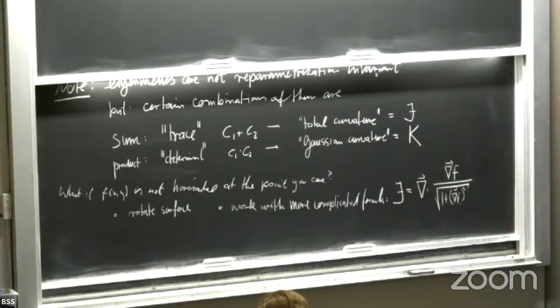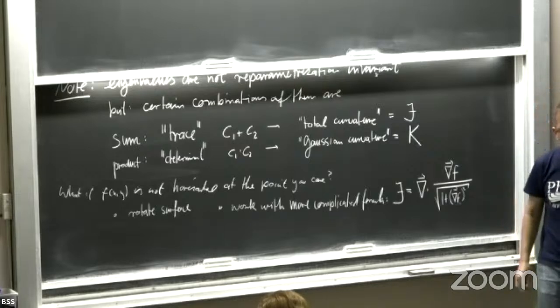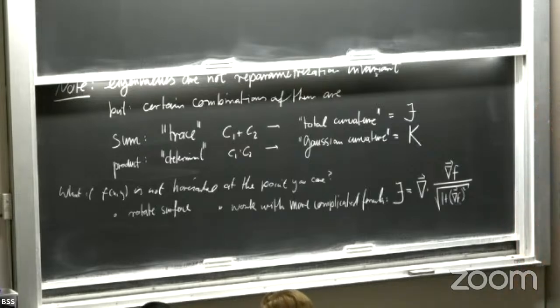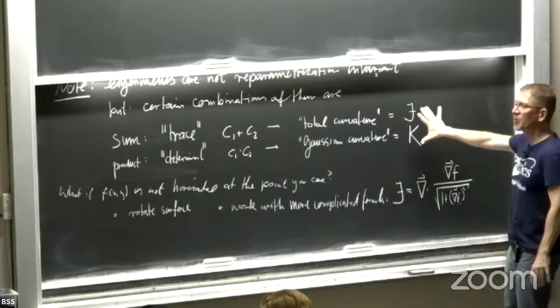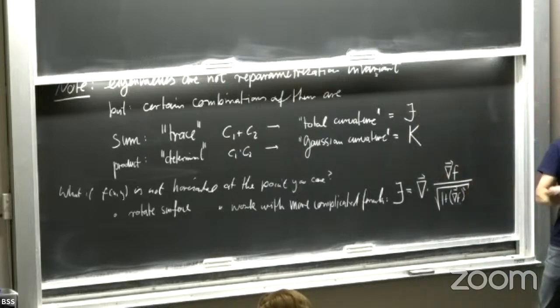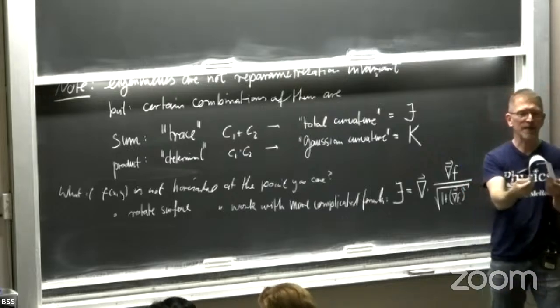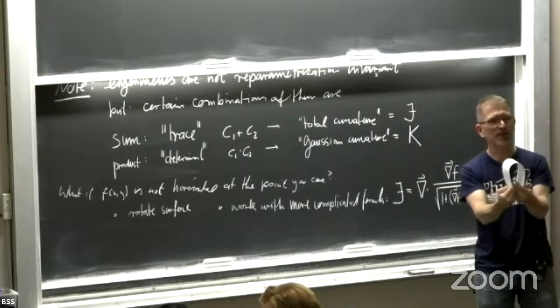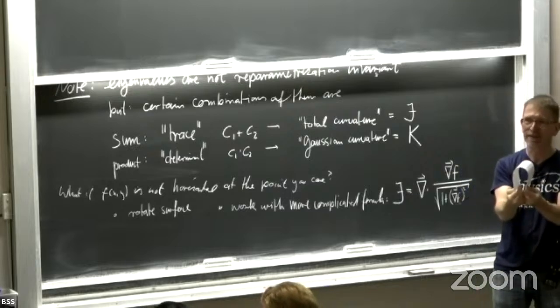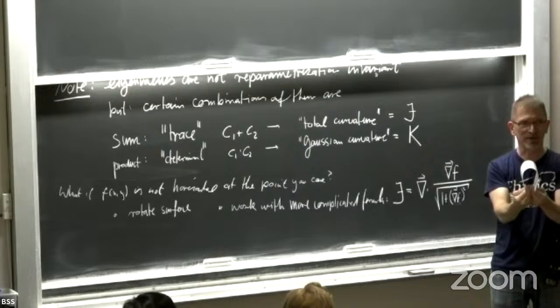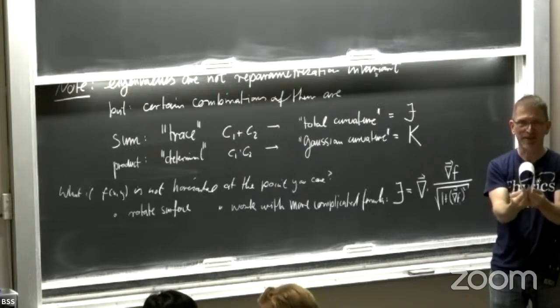I should also make another comment, which is that the total curvature has a sign convention problem. If you look at the surface, you look at this point, and you bend it like this, and it says, all right, is this a positive curvature or is this a negative curvature? Hands up who thinks this is a positive curvature. Hands up who thinks this is a negative curvature.